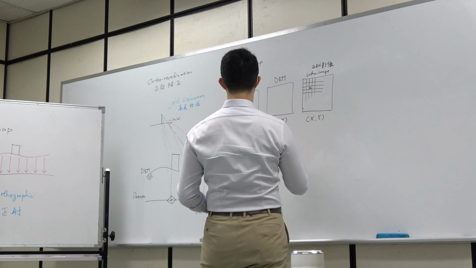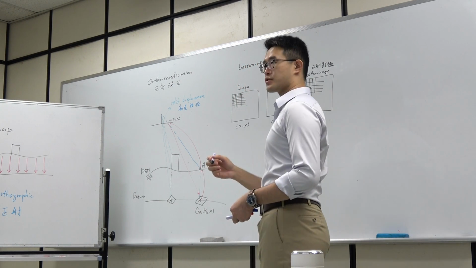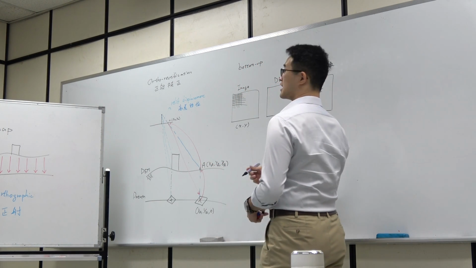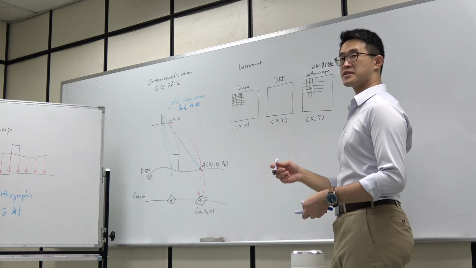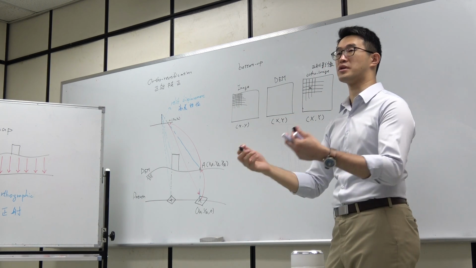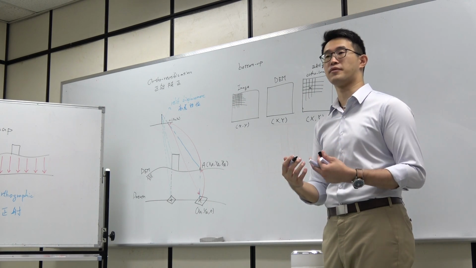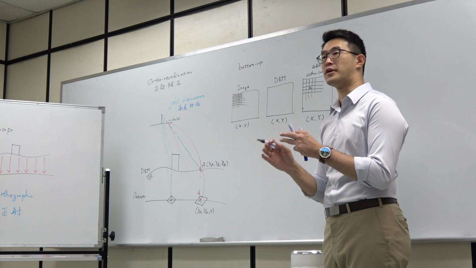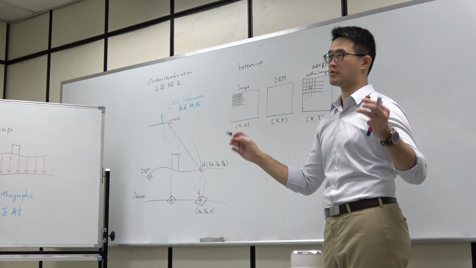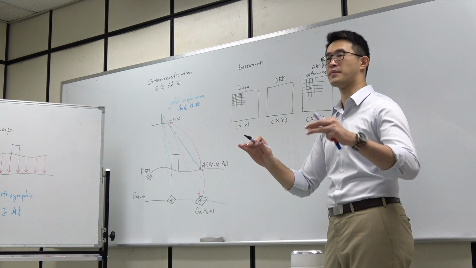So usually in the process, we will resample the DEM to the same pixel size as the ortho image that we want to achieve. Usually, that's how we perform it. Of course, we can perform the interpolation on the fly, but the performance is slower.